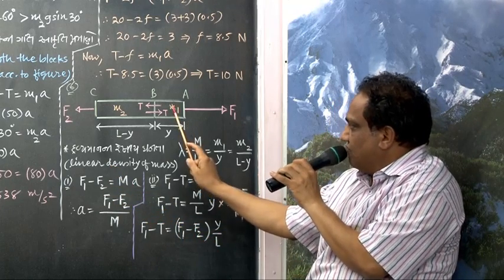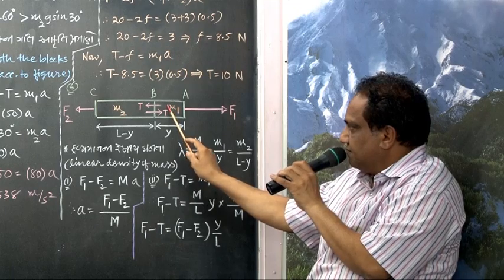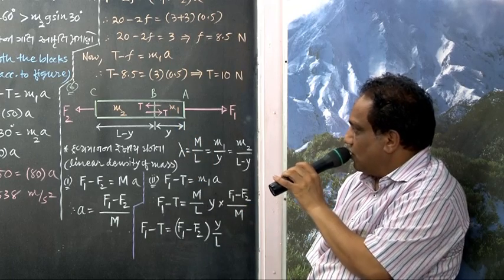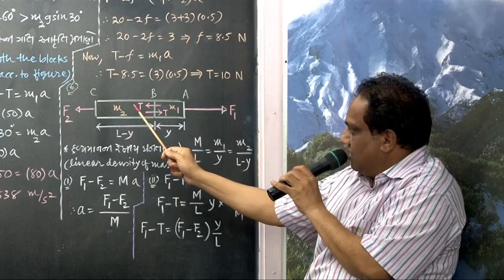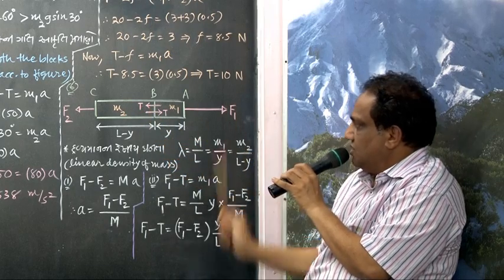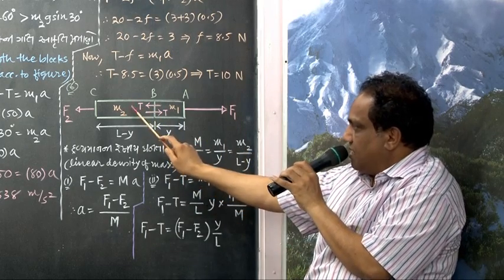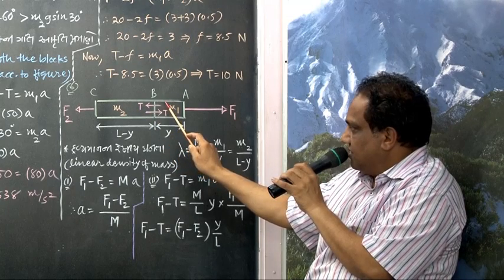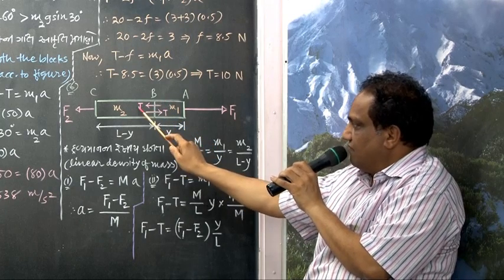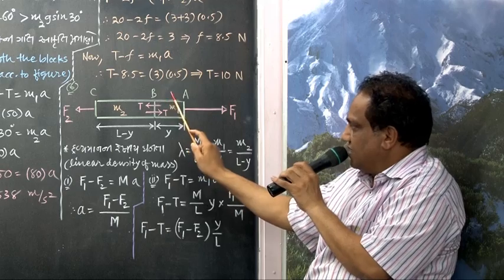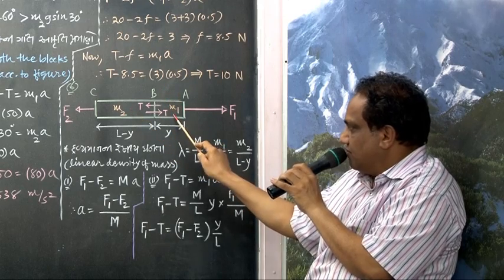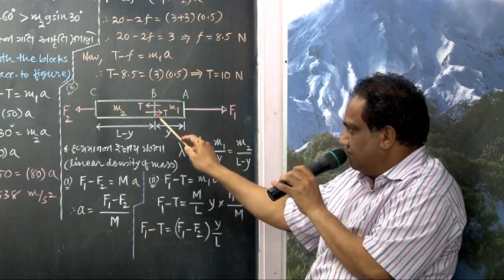Write the equation of motion for the first part. When you are pulling the rod this way, this part is trying to pull the other part, so this is the force due to tension exerted by the second part on the first part at this cross section.